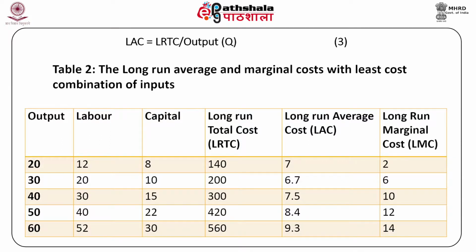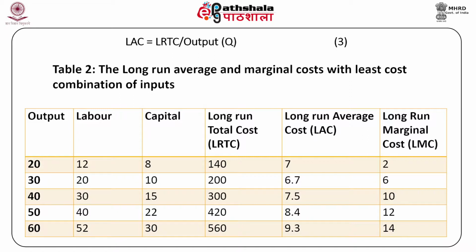Now, table 2 shows the long run average and marginal cost with least cost combination of inputs. In table 2, we can see that long run total cost is increasing as output increases. However, the long run average cost decreases when output increases from 20 to 30 and then rises. When output increases from 30 to 40, the associated long run marginal cost LMC is also rising as output goes up.